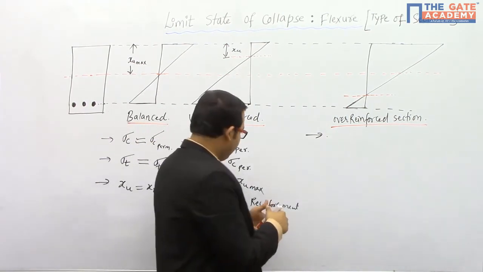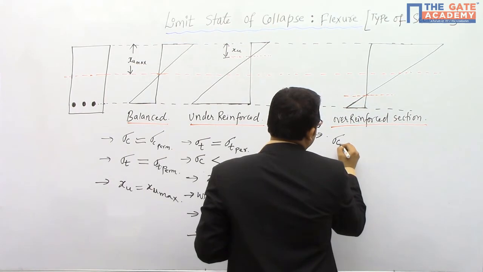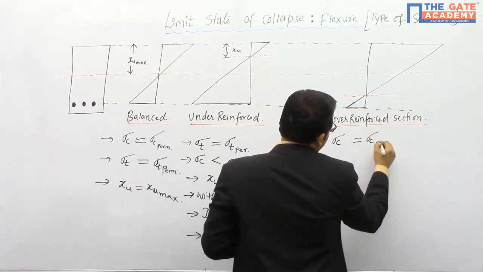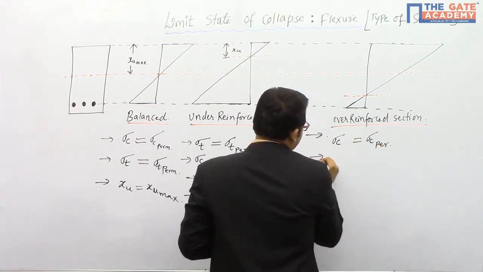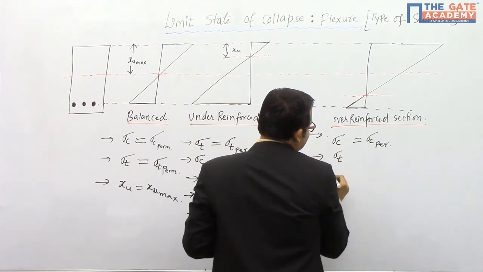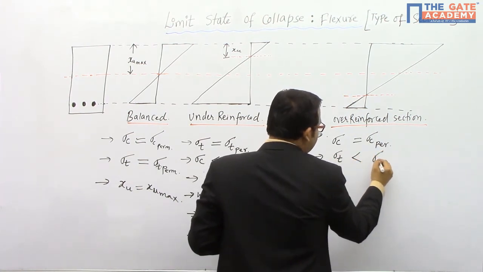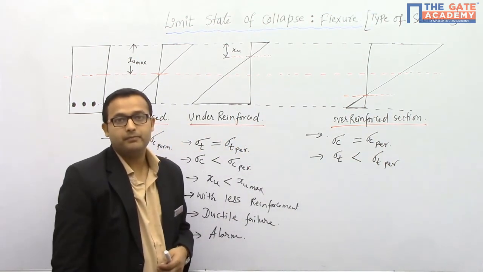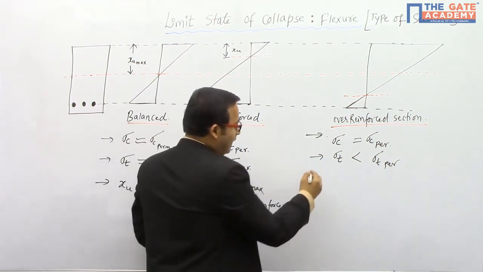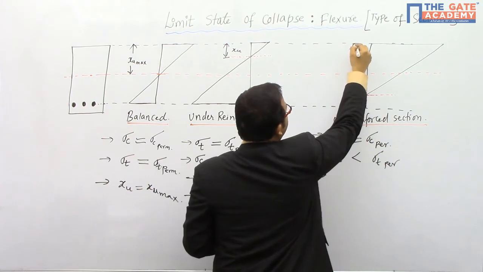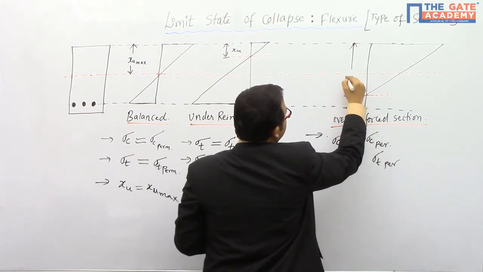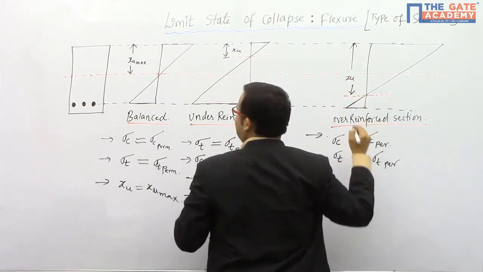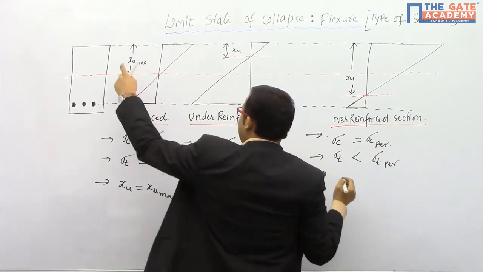So I can say here, in this case, the compressive stress reaches its permissible value first, and the stresses in the steel reinforcement are less than their permissible value. Now, in this case, you can see the depth of neutral axis of the section exceeds the permissible, exceeds the XU max.